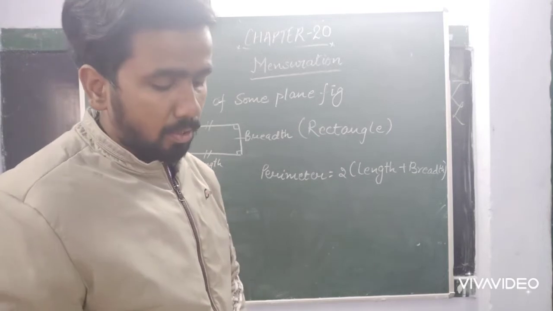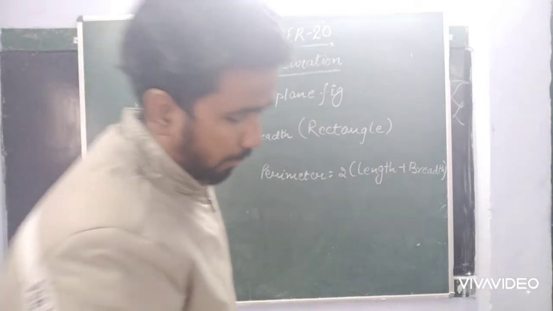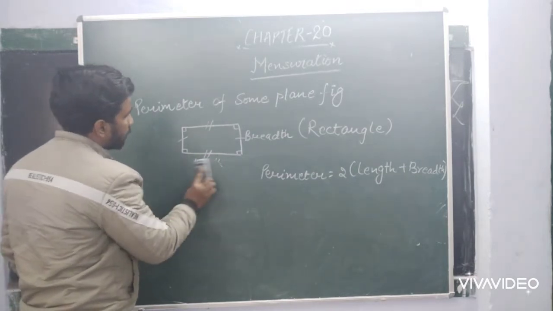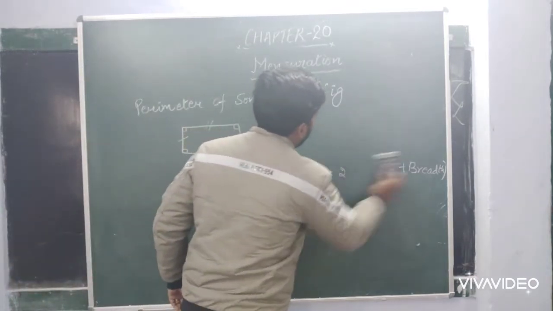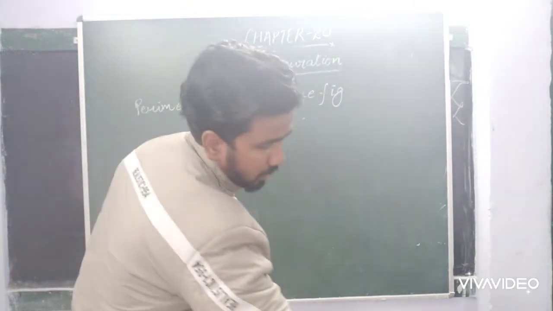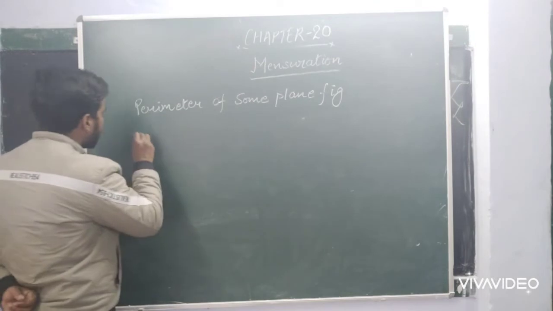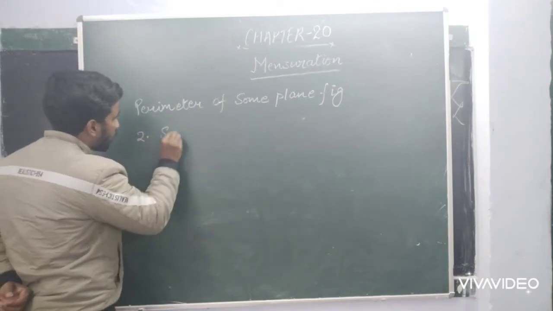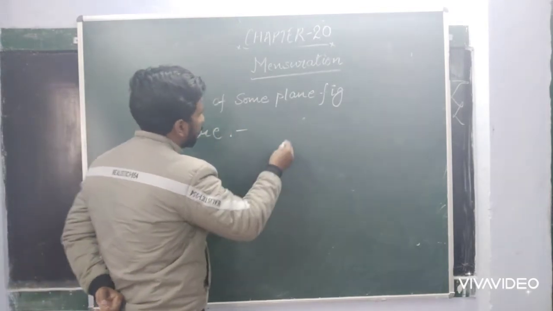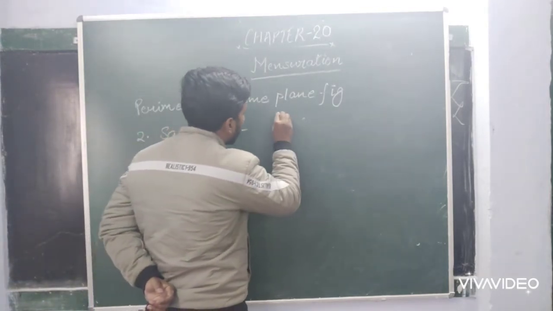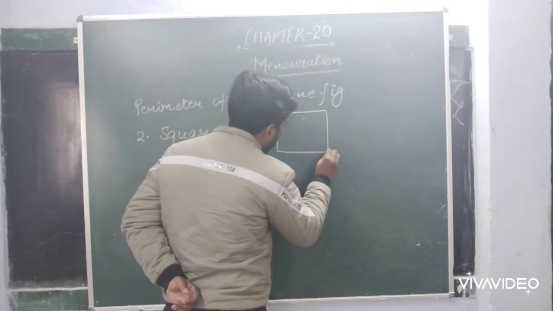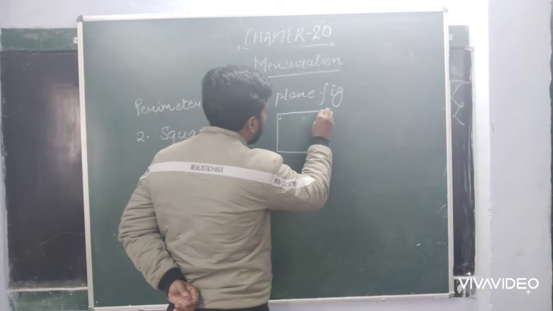Now we will see another figure, and that is the square. So your second is square. Okay, first let me make a square. In case of a square, you know that all sides of a square are equal to each other.